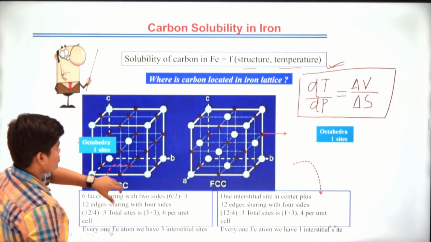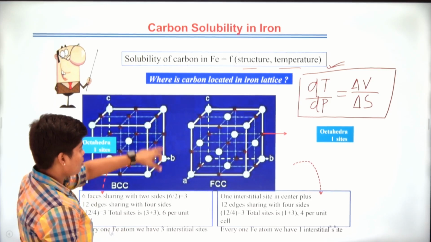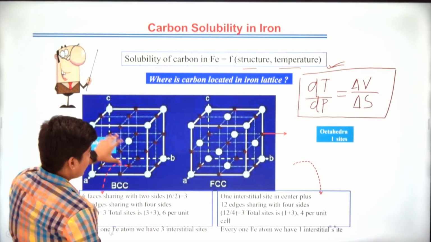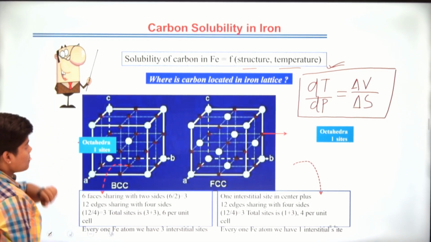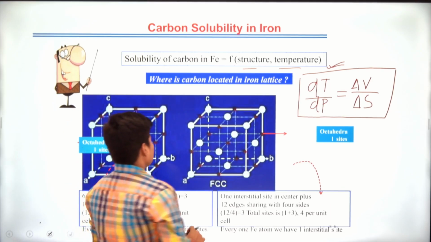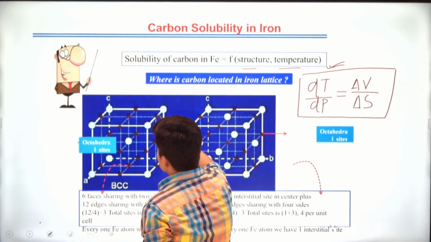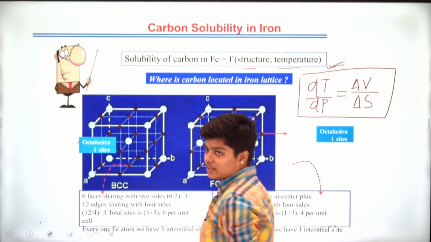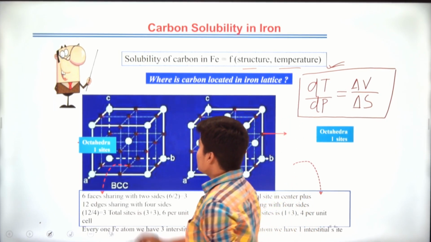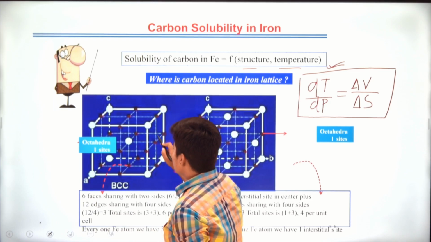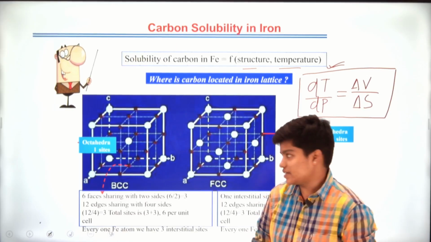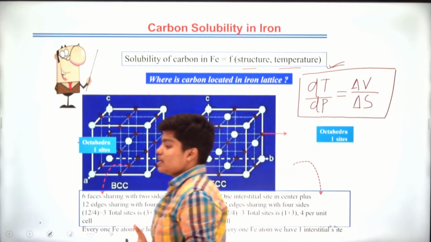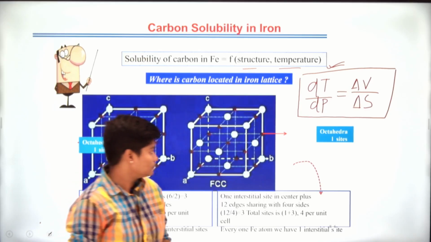In the BCC structure, iron atoms are present at all 8 corners and one at the body center. And at the 12 edges and 6 faces, voids are present, in which the carbon atoms will sit.